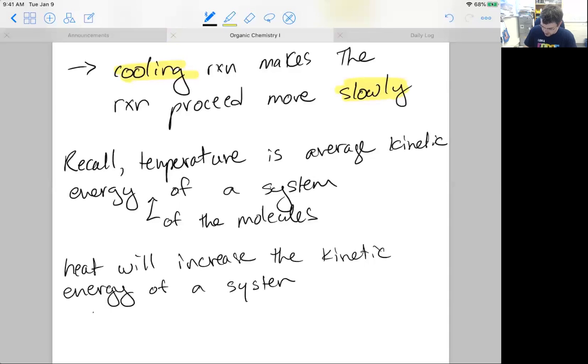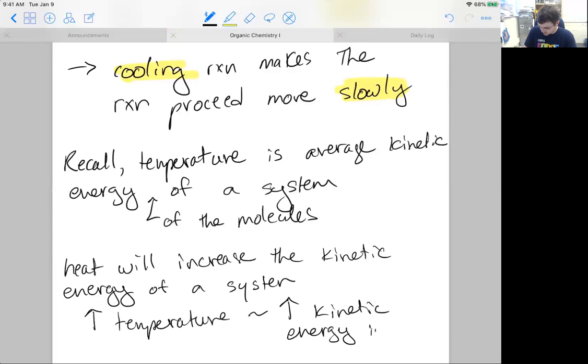That is to say that if we add heat or add temperature, then the average kinetic energy of the molecules also increases. So more heat equals more movement of our molecules.